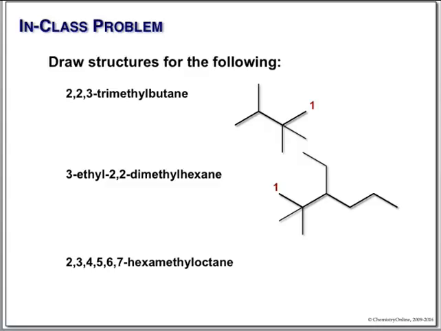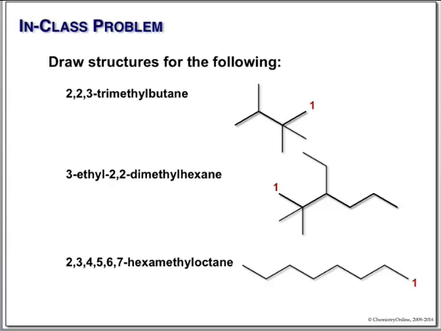This guy is an octane, so you start off with 8 carbons in a row. And decide which end you want to be carbon 1. Now this is hexamethyl. That means we have 6 methyls on here. The methyls are going to be on carbon 2, 3, 4, 5, 6, 7.